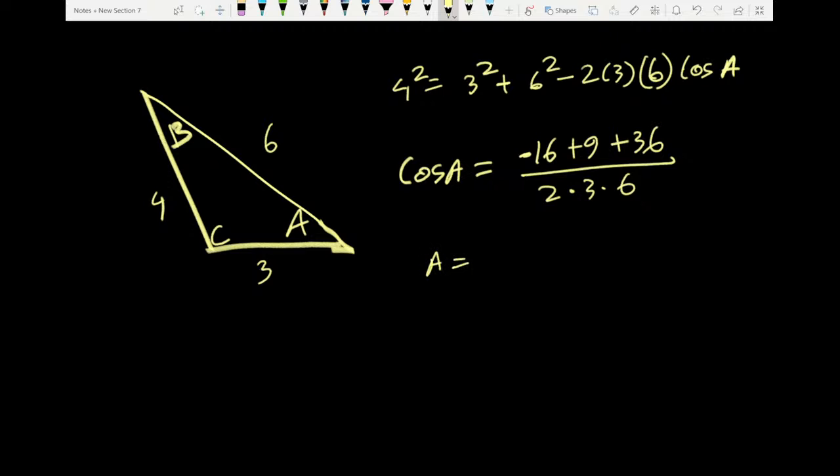So A equals cosine inverse of 29 over 36. And you get roughly 36.3 degrees.